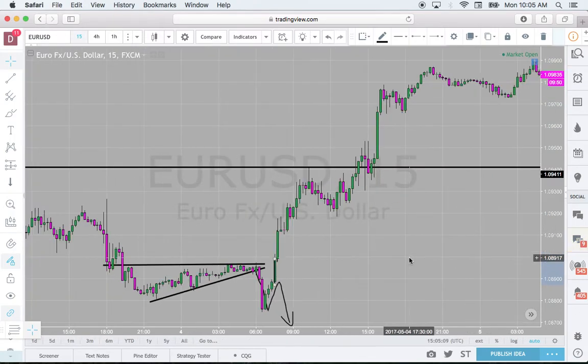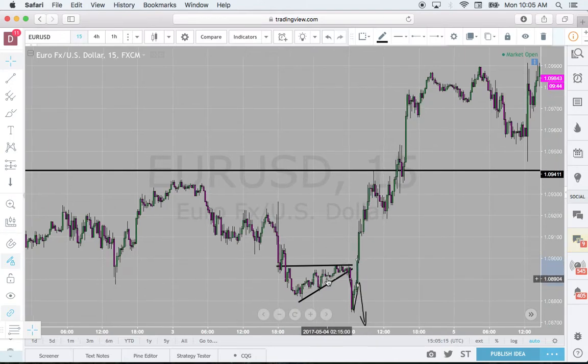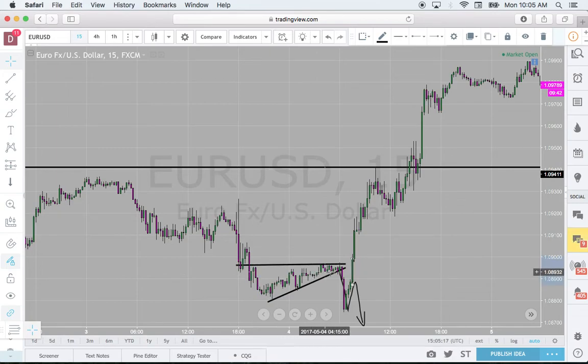So you can see that's exactly what happens. The dealer entices you with these wedges that you see so clearly as a retail trader. The breakout is perfect.